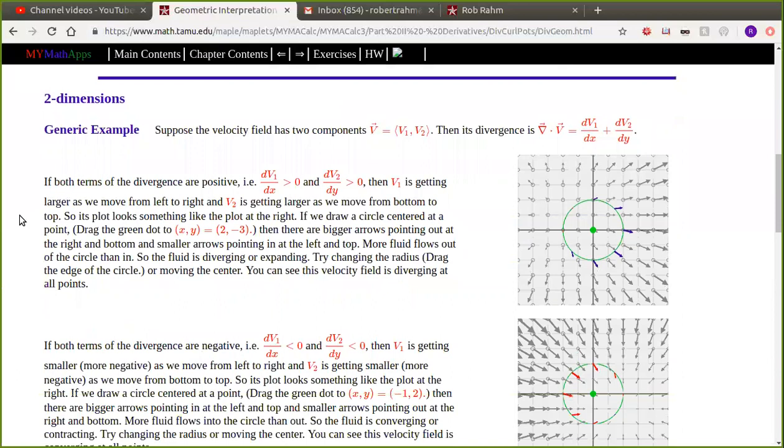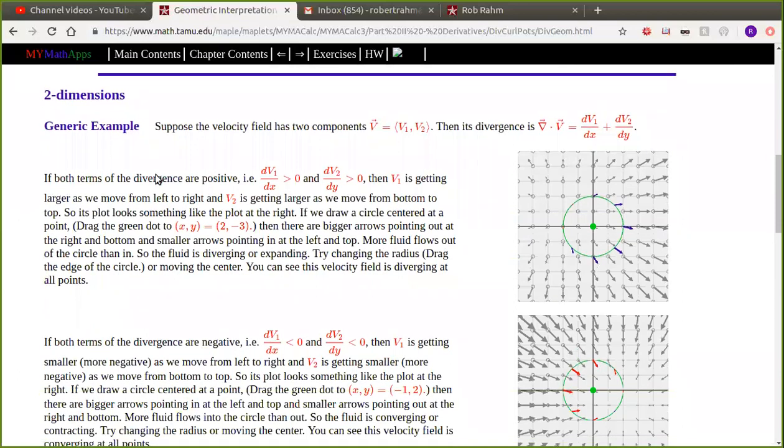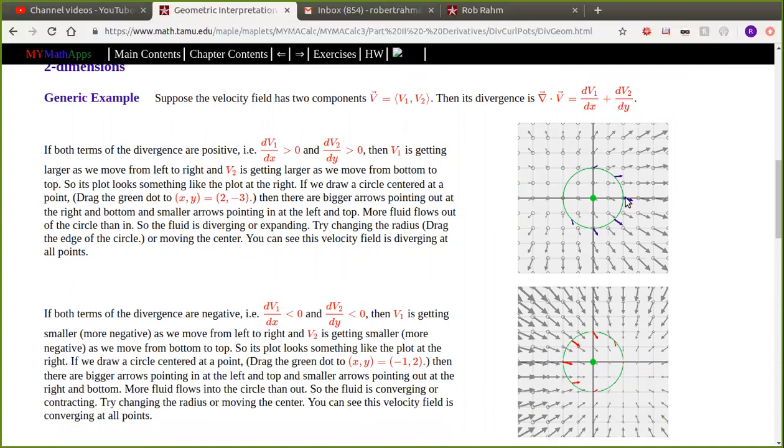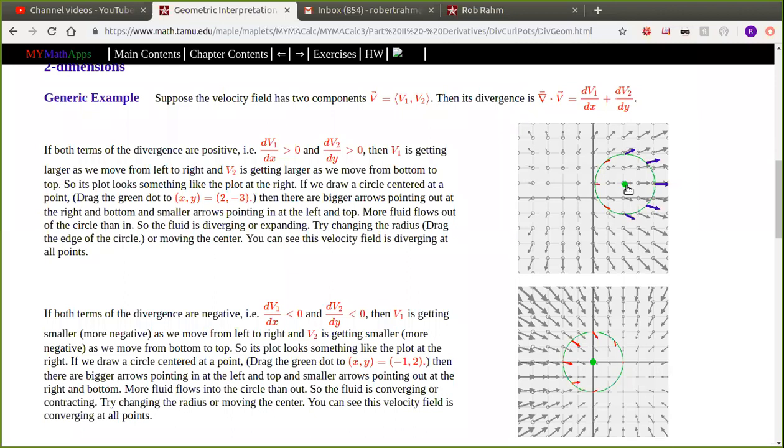Okay, so let's look at two dimensions. Something similar is going to be true here, and I'll let you look at the details. If both terms of the divergence are positive, then the divergence overall is positive, and we have something similar going on. Sorry, I needed to move this to a better spot.